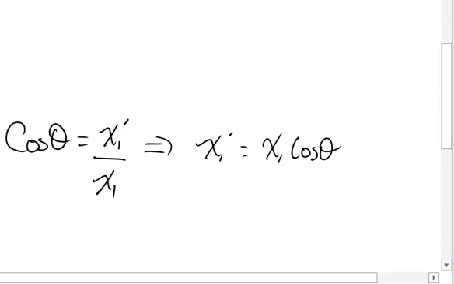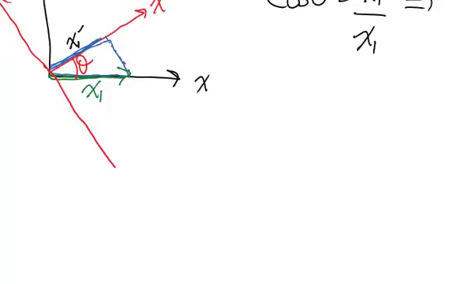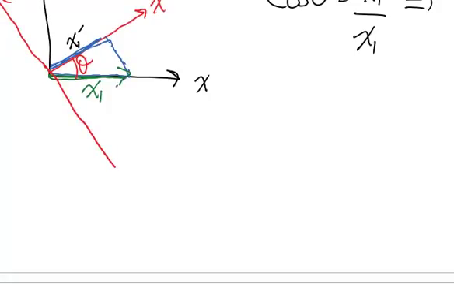Now, to find the primed y-coordinate, I need to draw the negative portion of that axis, because when I project my vector onto the y-axis, it actually lies along the negative y direction. Now, through a little geometry, I can see that this angle in here is 90 minus theta, which means that this angle is theta. So the component that I'm trying to find is this leg right here. That's my y1 prime. That's opposite the angle.